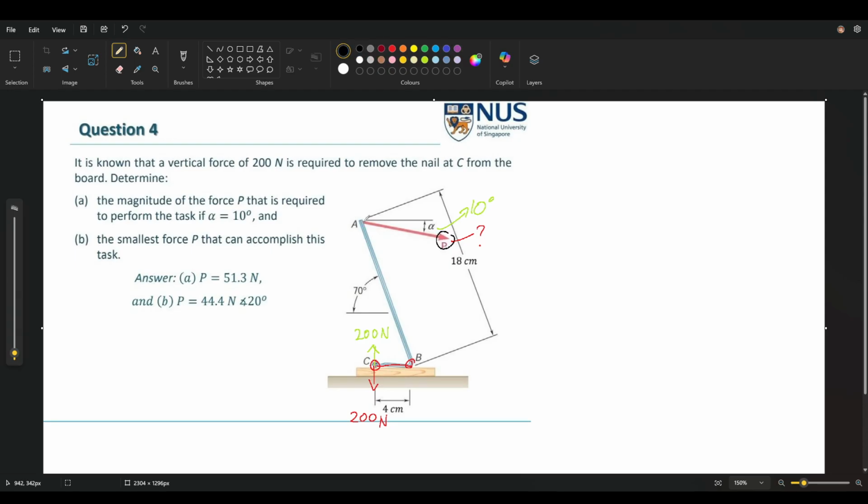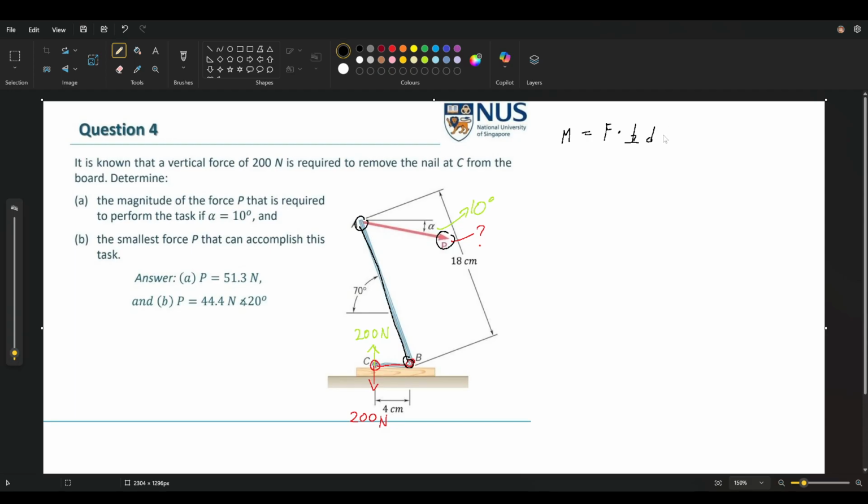So for P, we start from A, and we travel down to the bar, and it connects to B as well. So because these two forces connect to B, we shall use the pivoting point at B. Okay? So let's run through the basics. Moment of any point equals force times perpendicular distance.